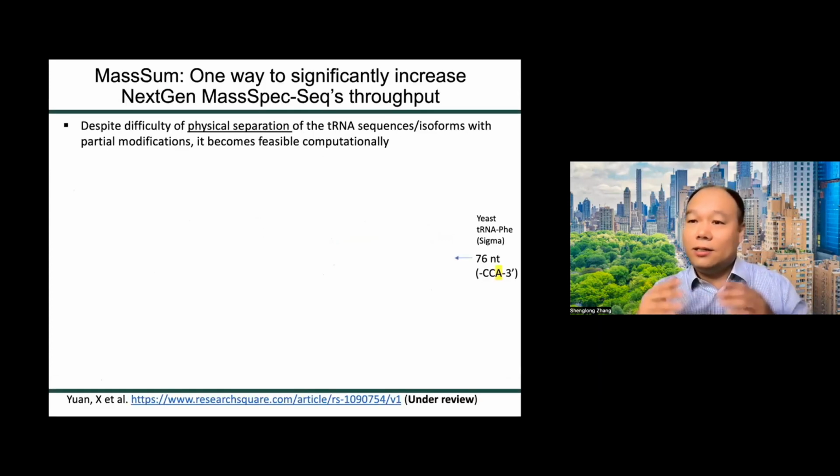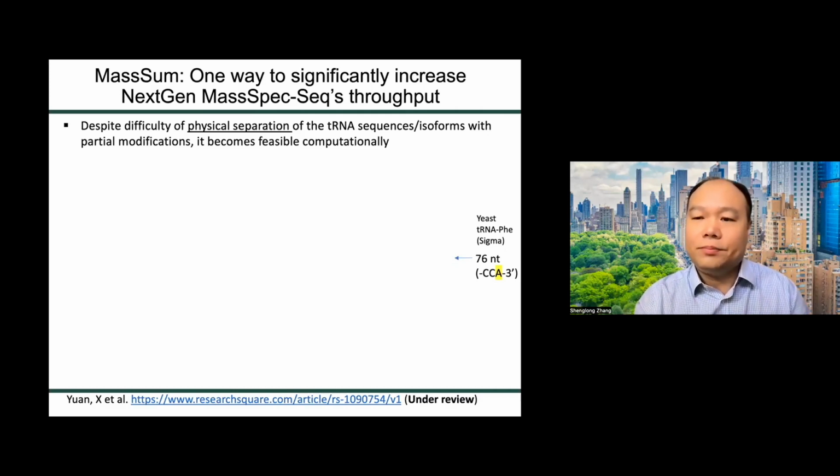Since this section is for tRNA, we have to talk about tRNA sequencing. tRNA is a difficult one to sequence by high-throughput methods because it is modification-rich. It's also difficult for mass spectrometry to sequence tRNA, because typically mass sequencing of tRNA requires a highly purified single tRNA sequence, which is impossible to get.